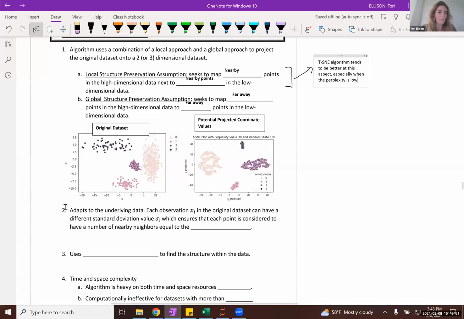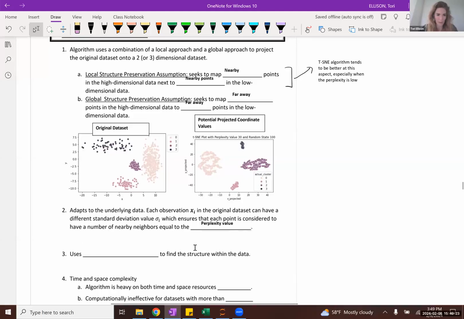Okay. In addition, you want to remember, like we've seen before, the TSNE algorithm has this cool mechanism in which it adapts to the underlying data set. So in particular, for instance, the sparsity of observations within clusters of different sparsities. Like we said, each observation in the data set can have a different standard deviation, which ensures that each point is considered to have a number of nearby neighbors that is equal to the perplexity value.